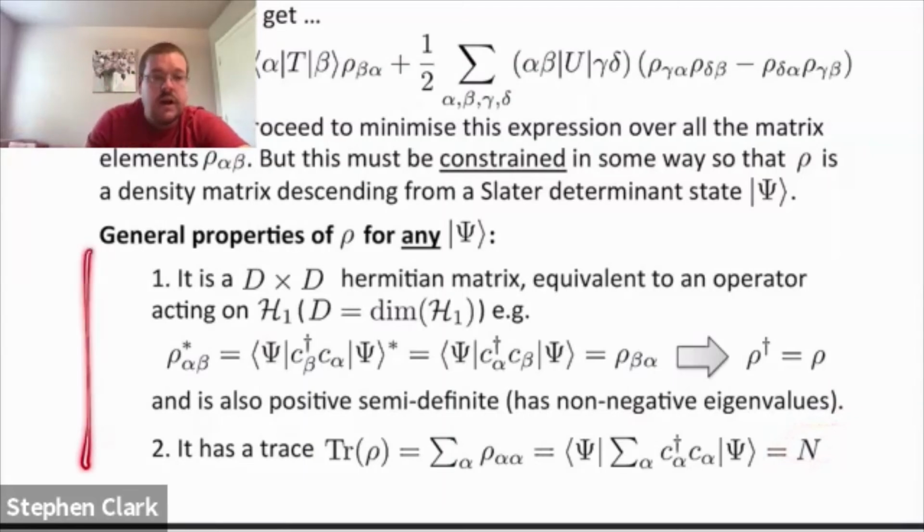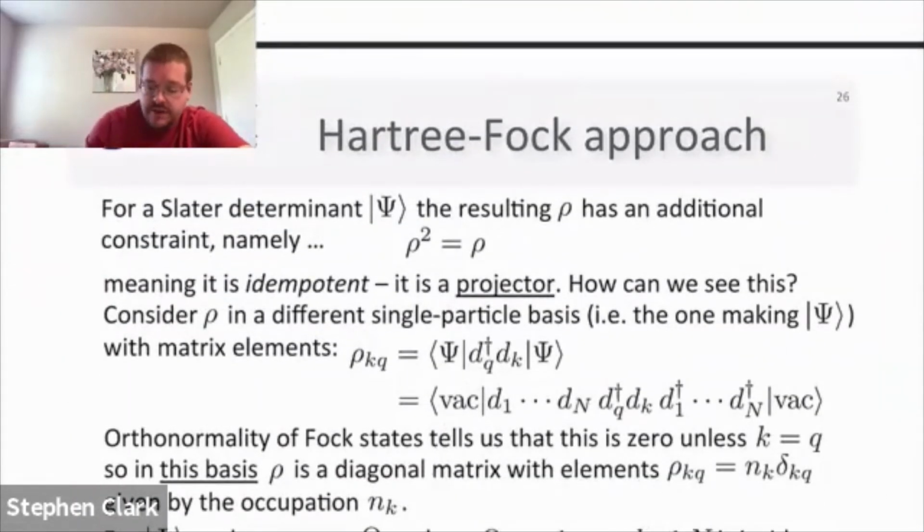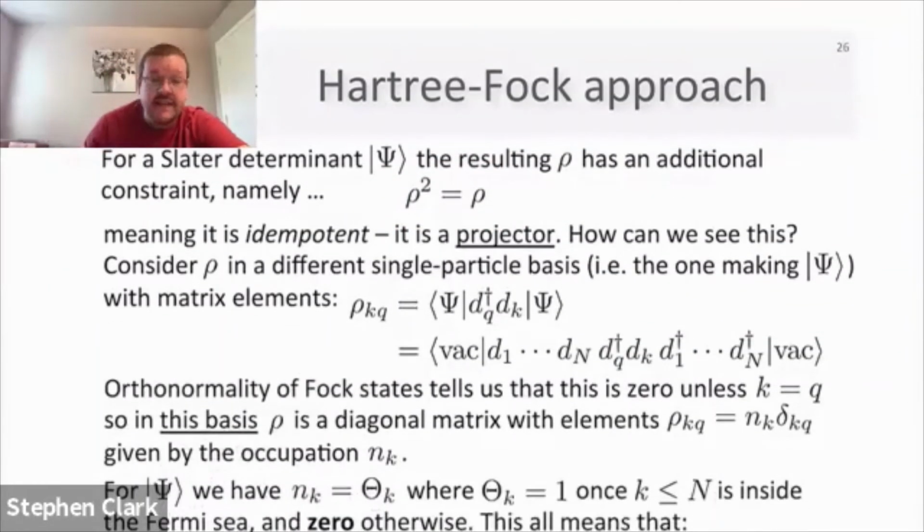That's true in general, but there's one additional property that only applies to Slater determinants. And that is that if you have a Slater determinant, the single particle density matrix is what's called idempotent. It's a projector onto the occupied space of single particle modes, the Fermi sea. The way to see that is to work in the basis that defined the original Slater determinant.